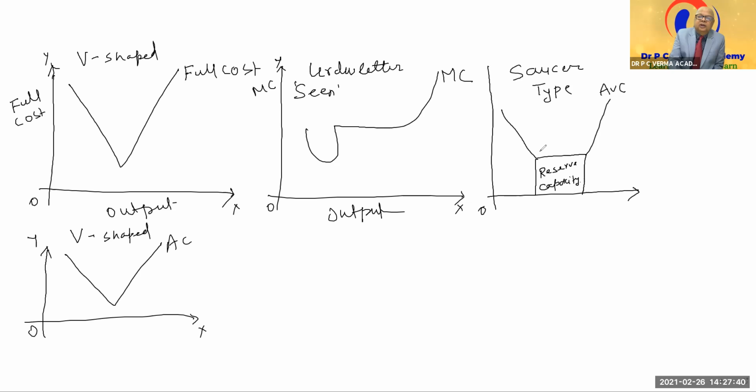And what is important is that A and B of average variable cost and A and B of marginal cost both will be horizontal.